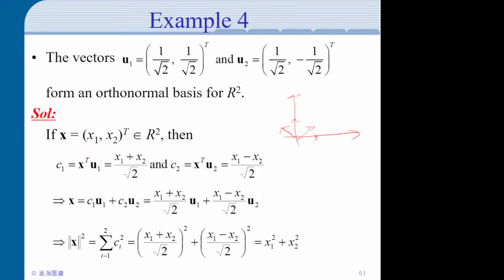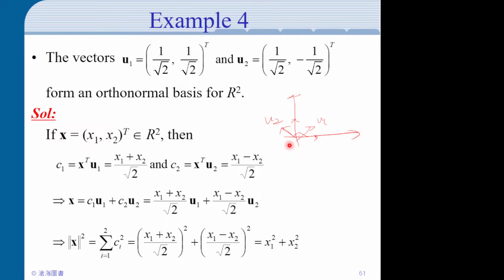Okay, so you have u1 here and u2 here, and they are orthogonal to each other and normalized to 1. This is an orthonormal basis, basically the standard basis rotated by 45 degrees, and it has a lot of nice properties like the standard basis.